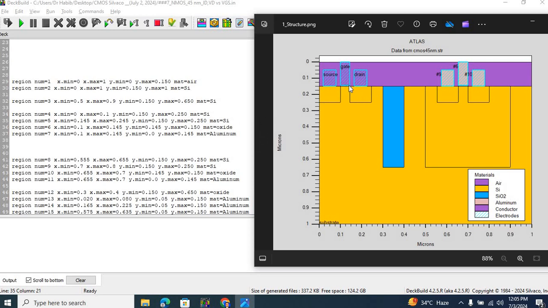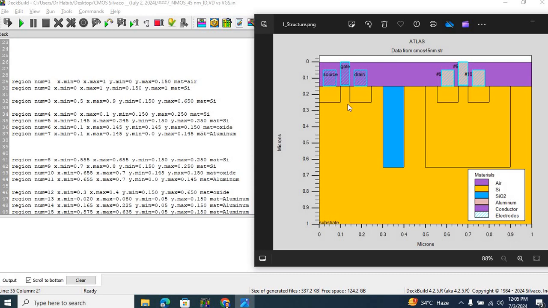Region number 6 is a thin oxide over here. You cannot see it right now, but its thickness is really small. It's just 100 nanometers. No, not even 100 nanometers. It's 5 nanometers.